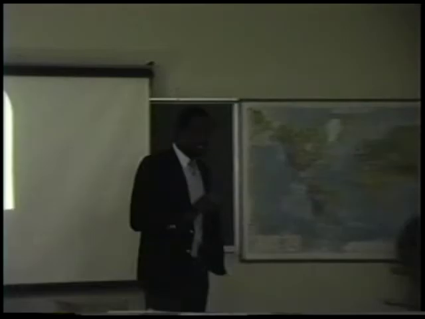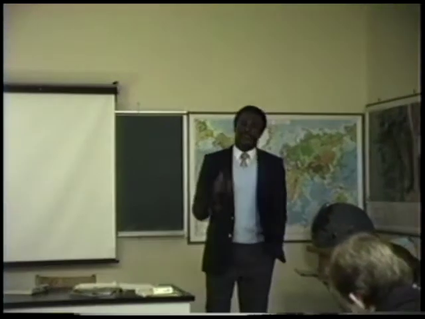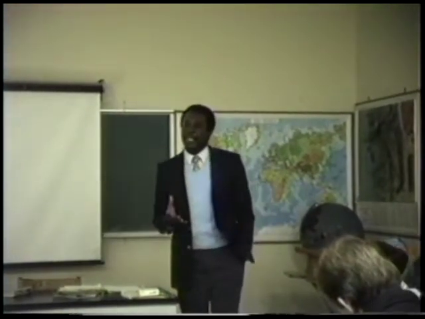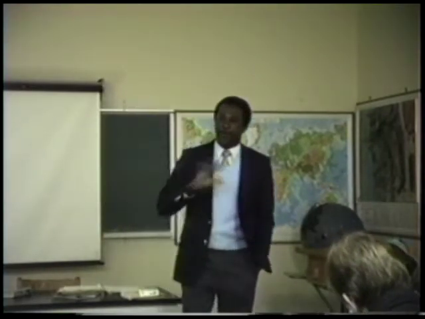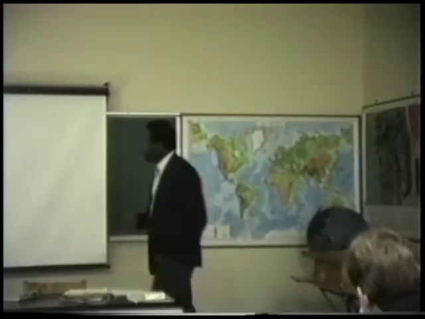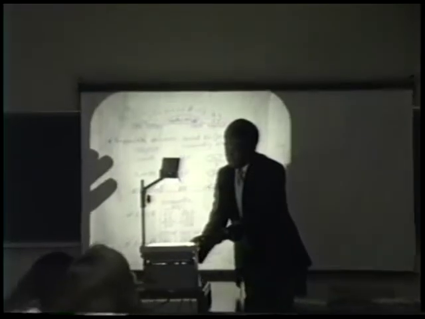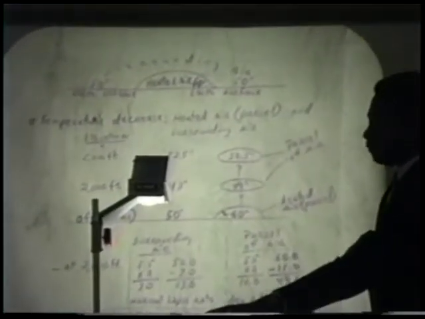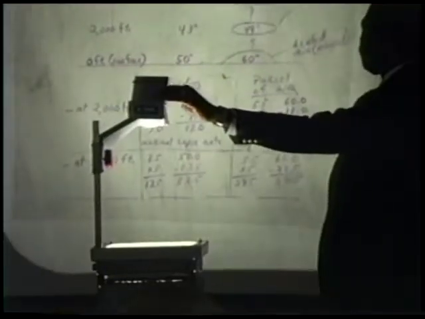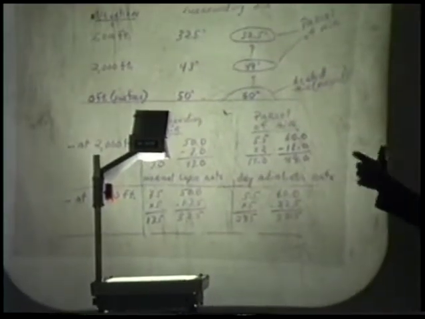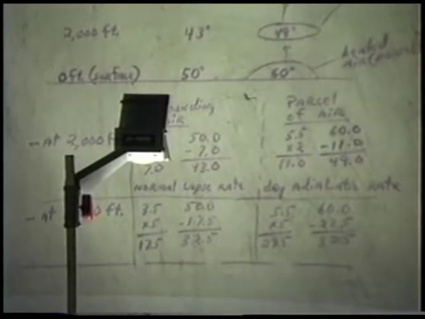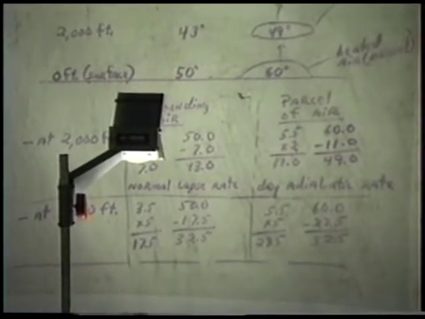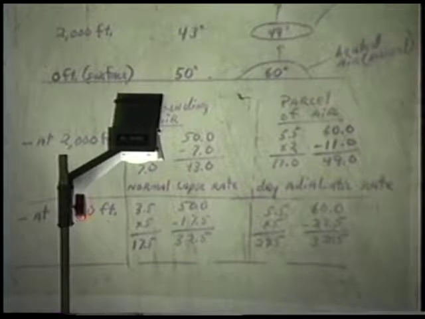What we need to understand now is how we get these figures. How do we come to a determination of the temperature of rising air and of surrounding air at various elevations? These figures tell us the temperature of the surrounding air and of the rising air at 2,000 feet and at 5,000 feet.